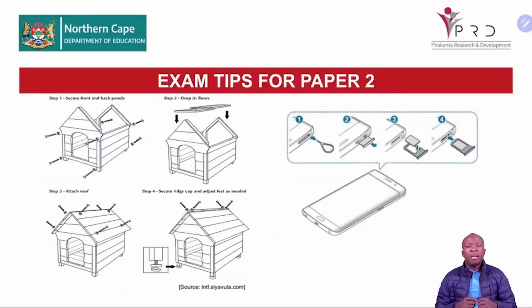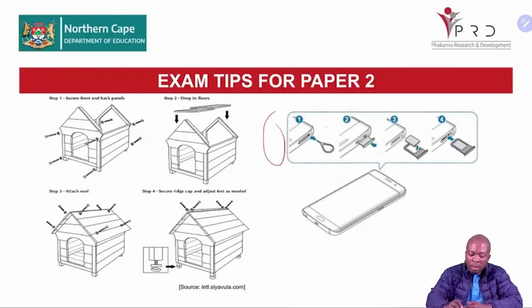Most of the time, the examiner will give you some of the instructions and ask you to complete the other instructions. Or the examiner will be saying, identify the tools or what needs to be done here and there. Meaning we want to test your knowledge about whether you have understood the whole idea. Like this example that I'm giving here.